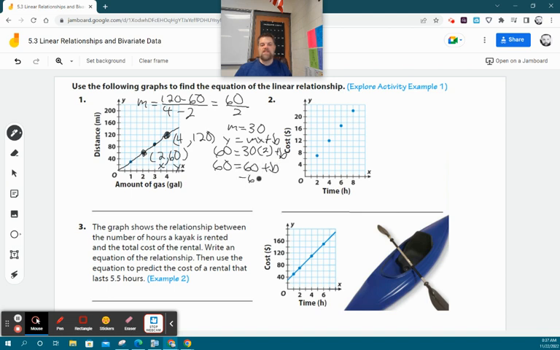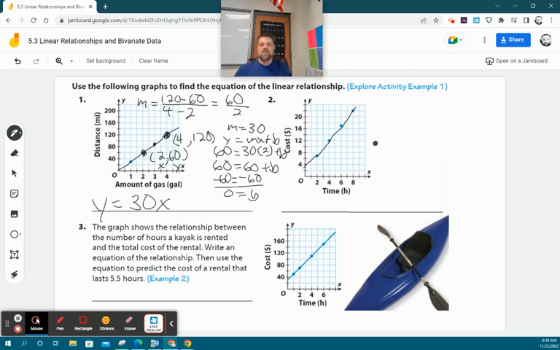I subtract 60 from both sides. What's 60 minus 60? 0. So in this particular case, b equals 0. So my equation is y equals mx, but m is equal to 30, so y equals 30x plus 0. Do I need to write the plus 0 down? No.